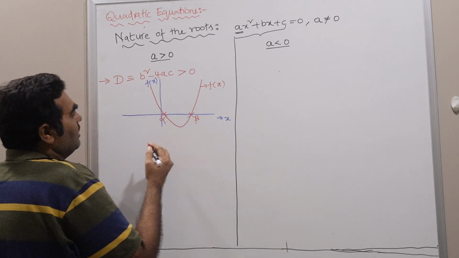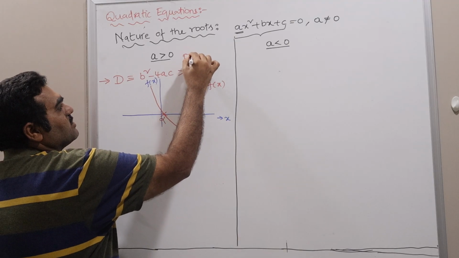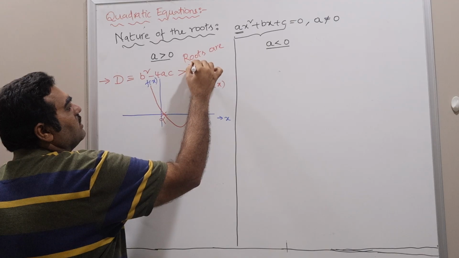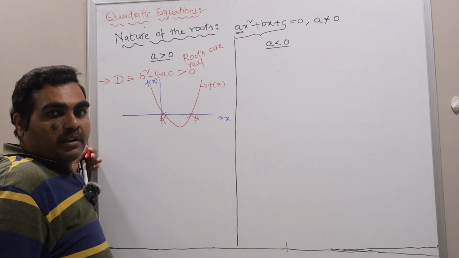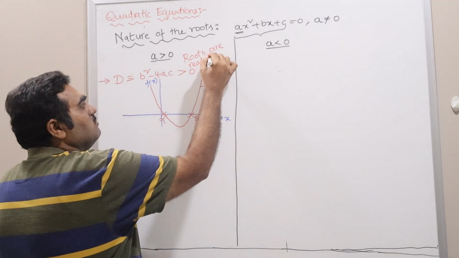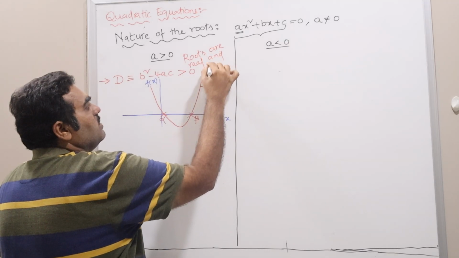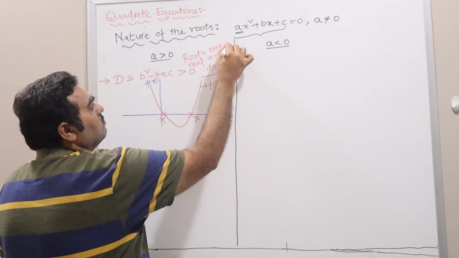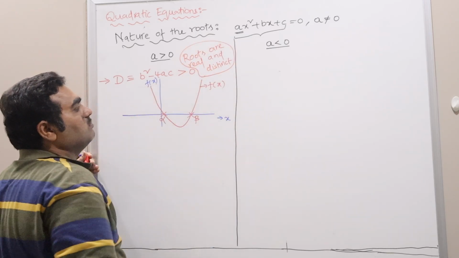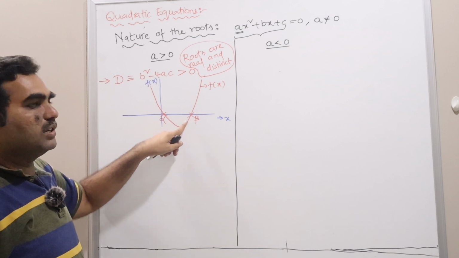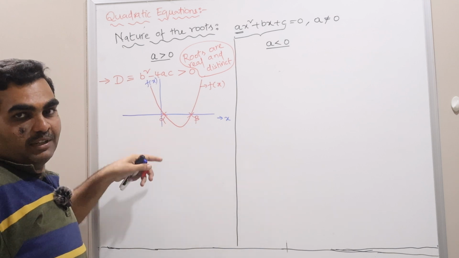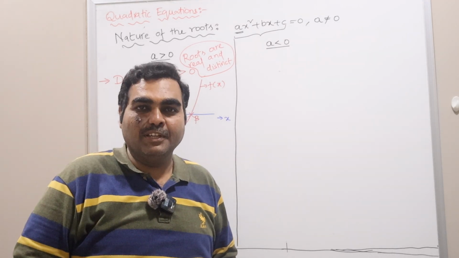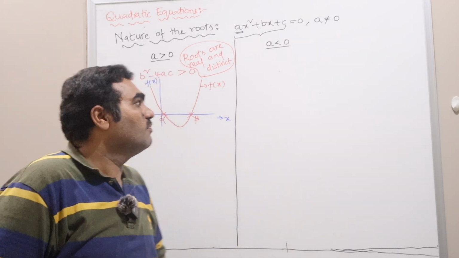So clearly, the roots are real, alpha and beta are real numbers, and distinct. You can see two different roots are there, both are real numbers. When I say real numbers, I mean that they exist in reality. We have actual roots.